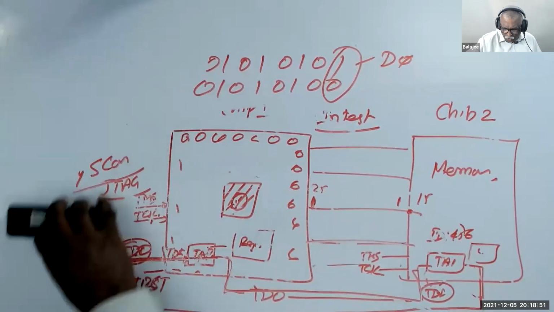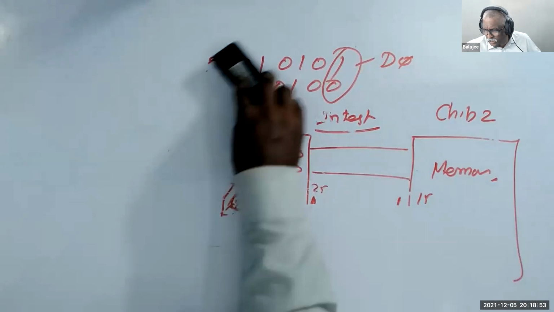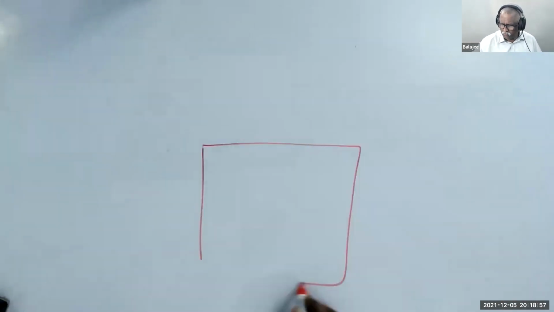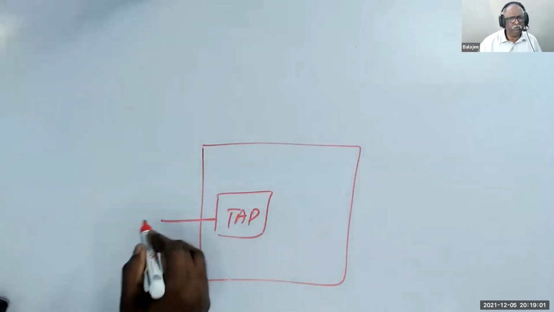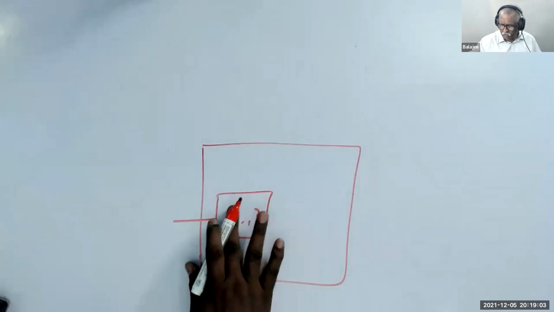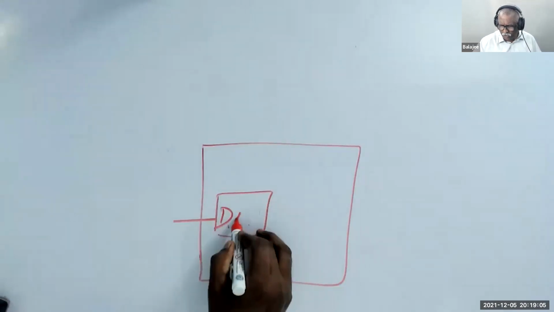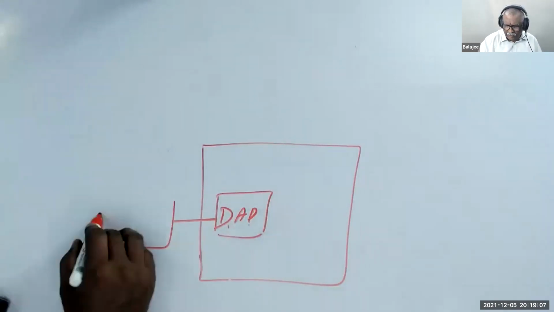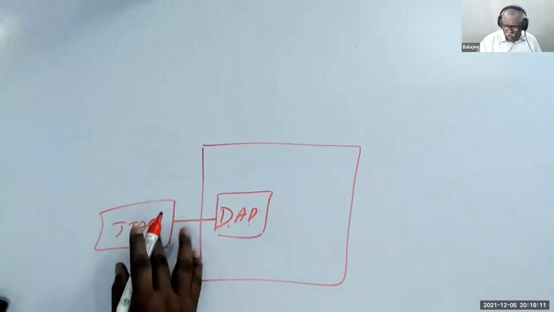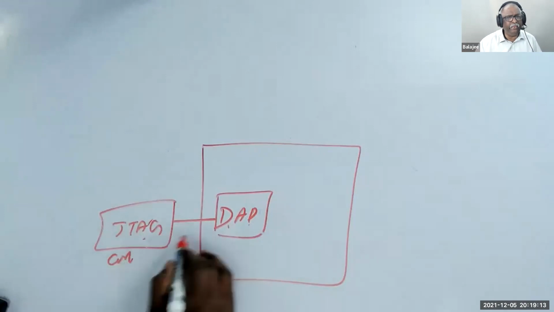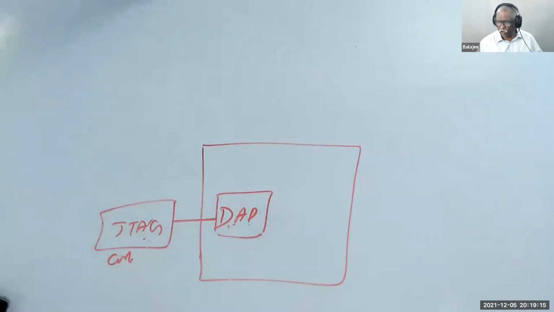So what we do here is, using the JTAG controller, using the TAP or debug access point, I can write anything here. I can do wonders.